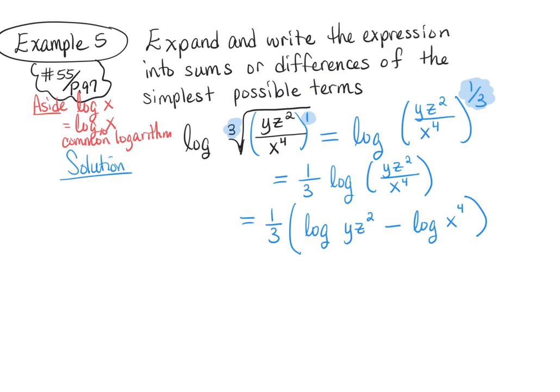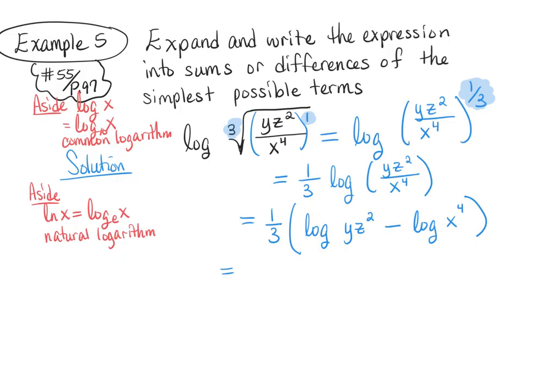And another aside: the natural log of x is the log of x base e. That's called our natural logarithm. So if you see those terms used in your homework, you know what they mean. Now back to our problem. We've had a little sidetracking.